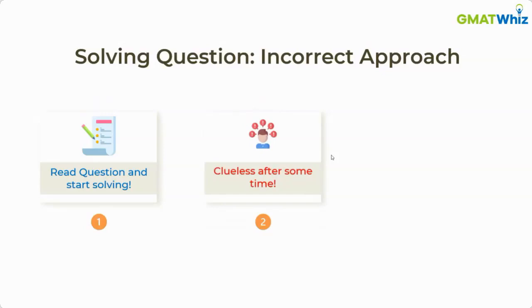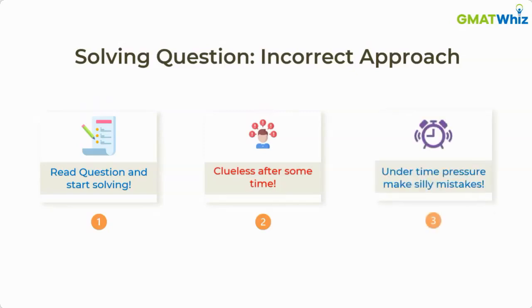So most of the time you are not clear about the right strategy, or as someone mentioned in the chat, picking the wrong strategy sometimes. So that is one of the reasons you end up picking the wrong strategy, or no strategy at all, and because of that you end up making a mistake because you're under time pressure. You want to complete it in 2 minutes, and that mostly leads to making a lot of calculation mistakes.